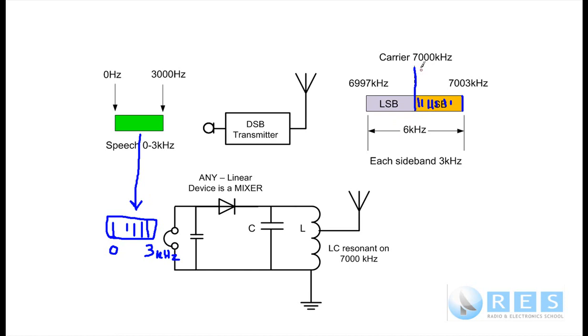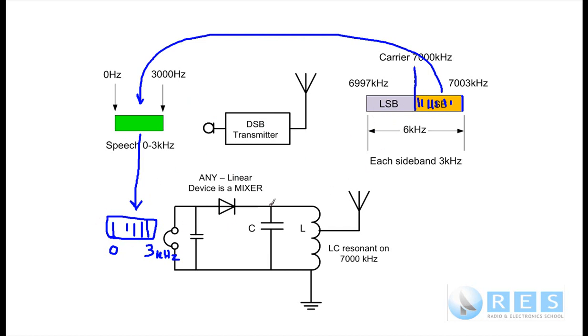By mixing the carrier with the upper sideband, we're able to convert the upper sideband to audio. Similarly, when we mix the carrier with the lower sideband, we convert the lower sideband to audio as well.